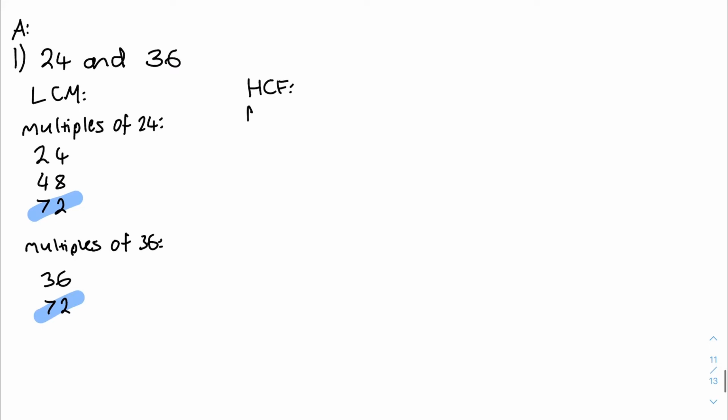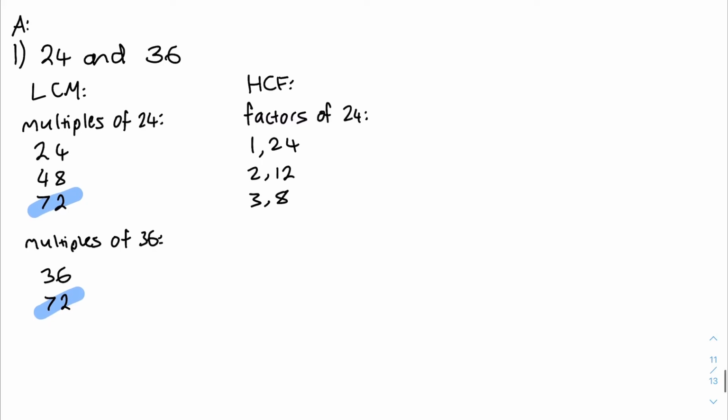So we're going to start off by finding the factors of 24. The factors of 24 are 1 and 24, 2 and 12, 3 and 8, and 4 and 6. We'll stop there because otherwise we start repeating ourselves.